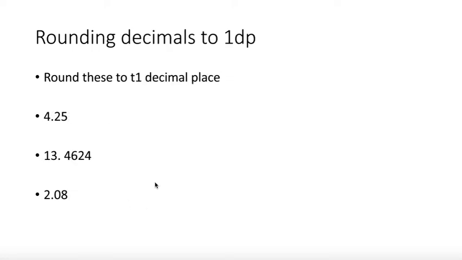Okay, the next thing we learned was to round to one decimal place. So we're rounding to one decimal place. This time all of these numbers will have one decimal place, will have the tenths, but the rest of it will be rounded. Pause the screen and work them out.